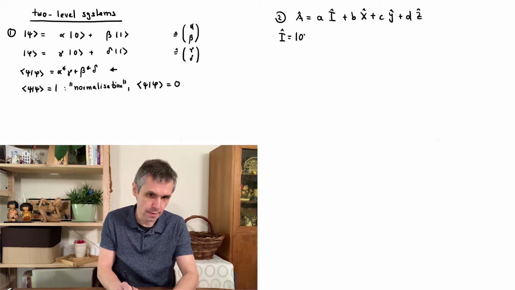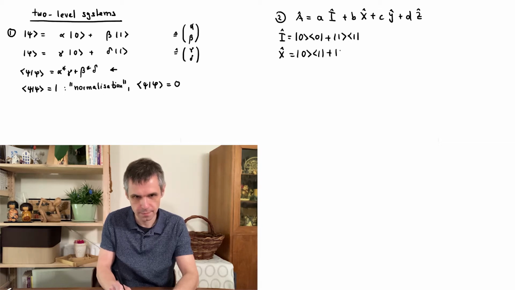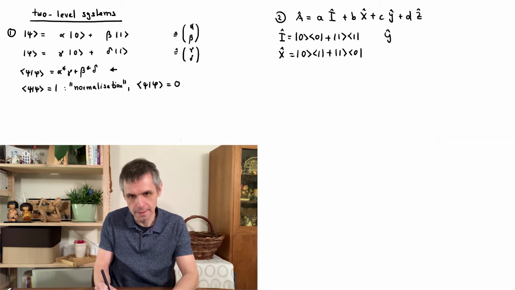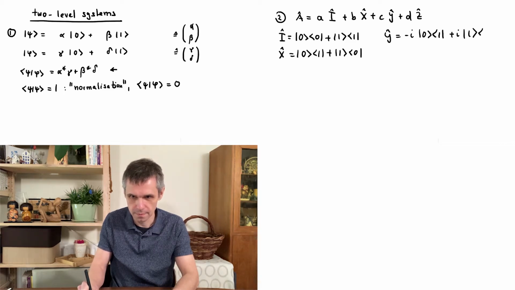So the identity operator would just be this operator here. And X would be this operator. Y is this operator. And Z is this one here.